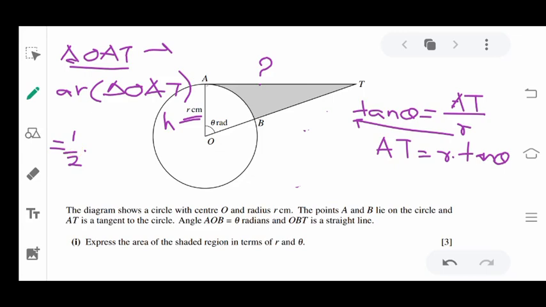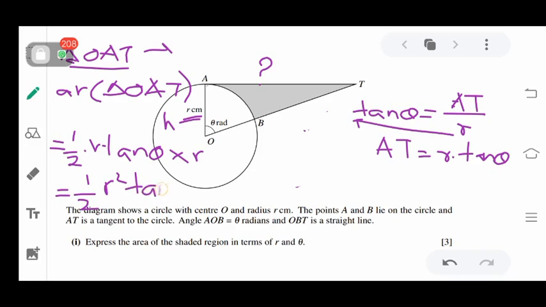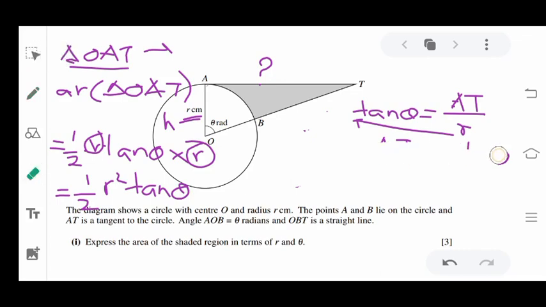That is, half into base r tan theta into height, which is still r. So we get half r squared tan theta as the area of the triangle. Now you have to find the area of the sector. It's very simple.